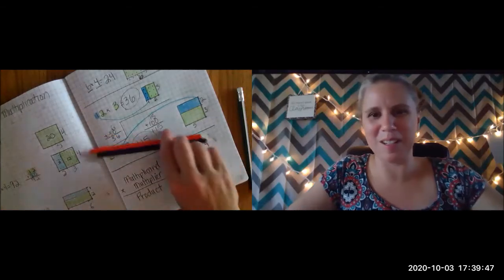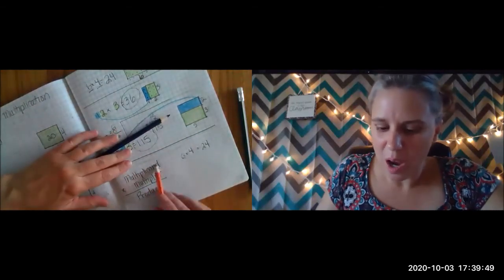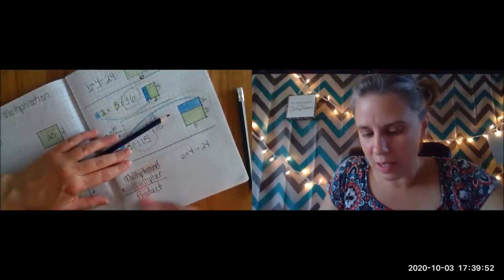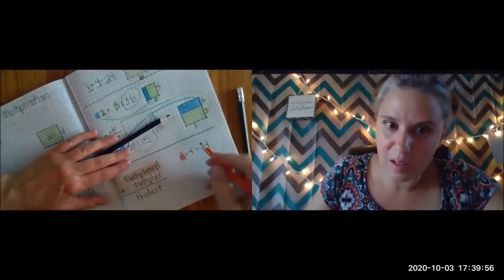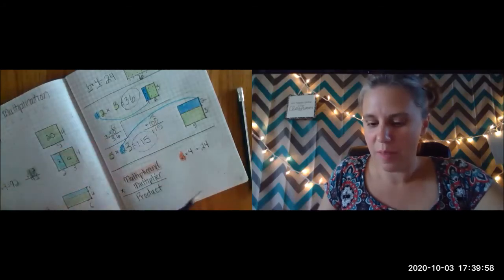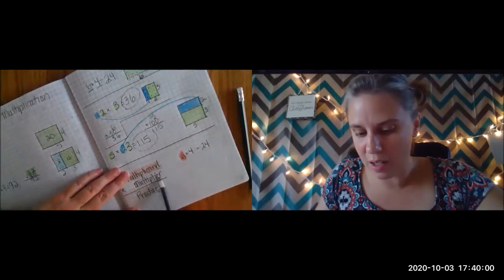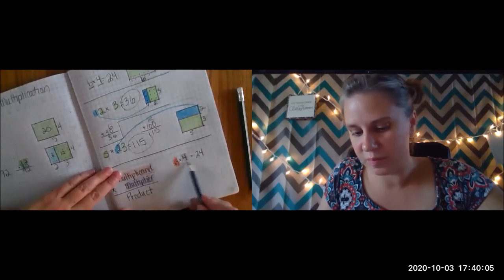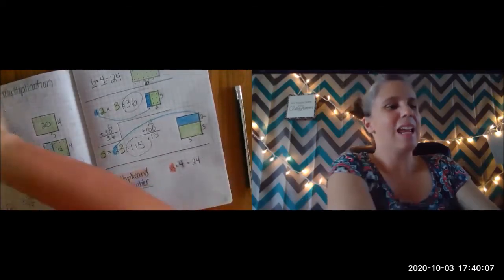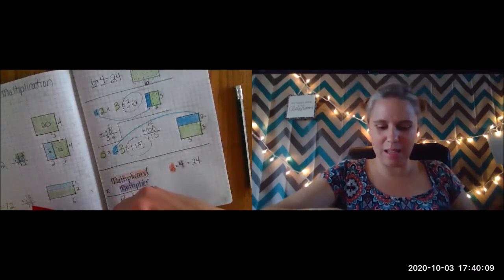Ooh, purple and orange, that's going to look weird together. So our multiplicand is the first number. The multiplier is the second number. And the product is the answer.